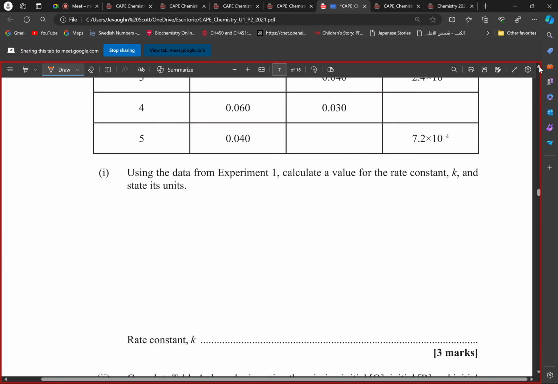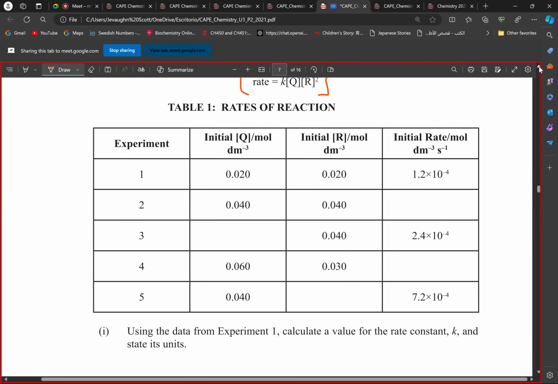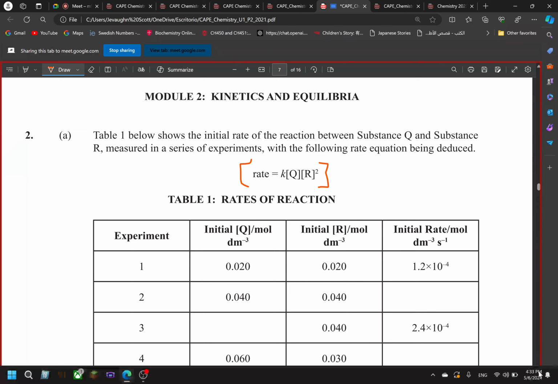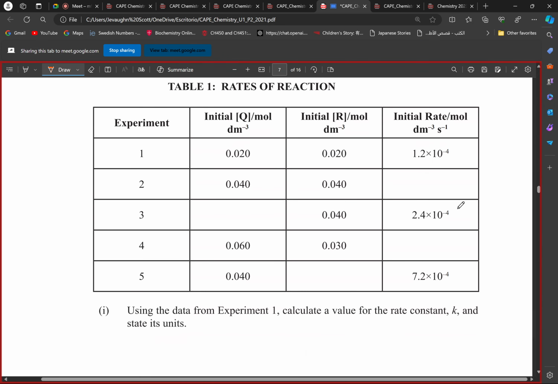Right, using the experimental data from that, calculate the rate constant K. Interesting. Can we calculate the rate constant without the rest of the information in the table? I mean, sure we can, because the first thing we are asked to do is calculate the rate constant K. So what can we use to do that? We could use experiment 1, right?